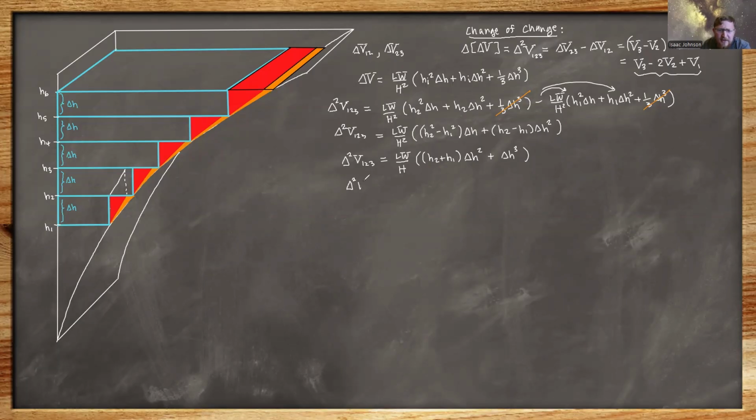And maybe just to make the argument feel even a little more natural, let's just divide everything by delta H squared. And what we're left with over here is H2 plus H1 plus delta H. I'm going to distribute that length width over height squared.